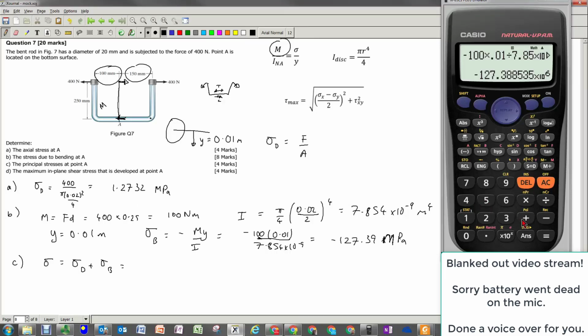So let's just add those two up to find our total stress at A, which will be our stress max, and we get minus 126 megapascals. And the other stress component, as I said, will just be 0.